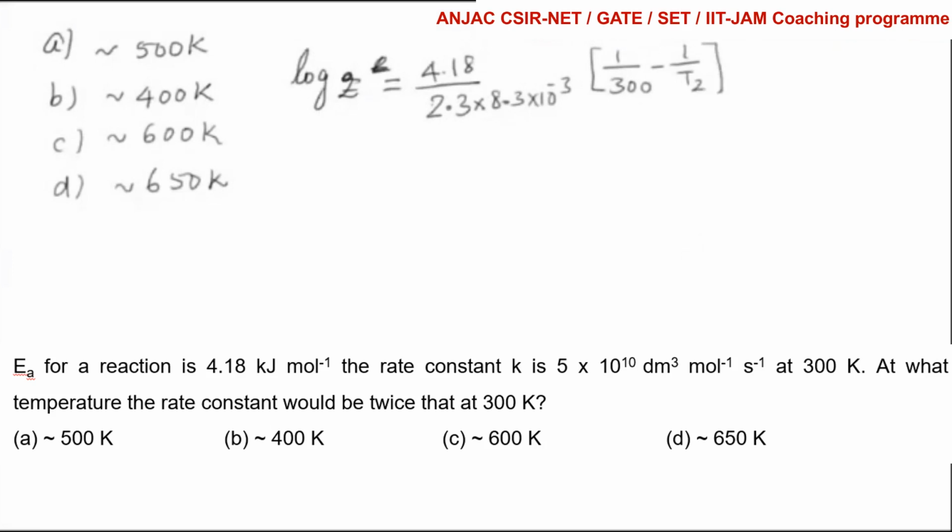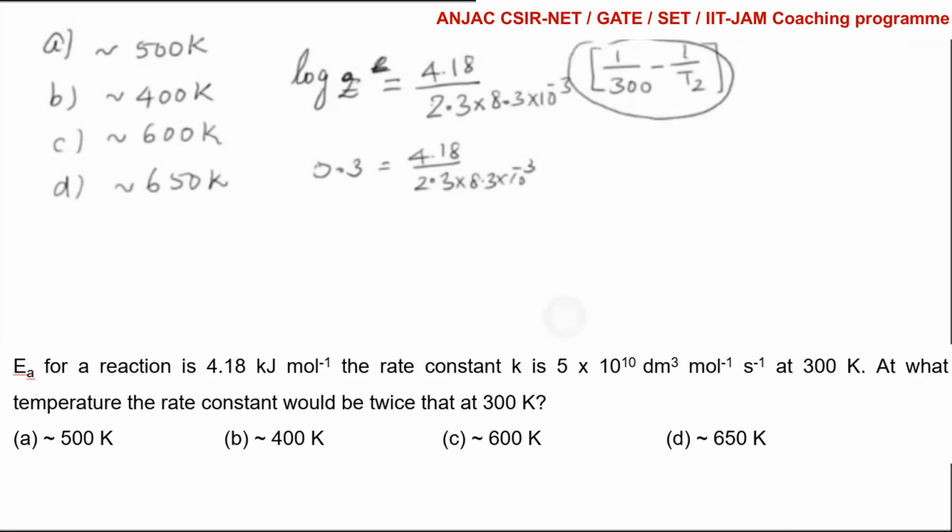Log 2 is equal to 0.3, equal to 4.18. We will simplify in the next step. 2.3 into 8.3 into 10 power minus 3.